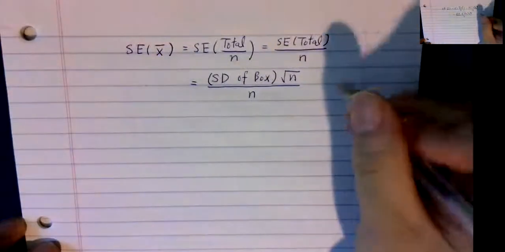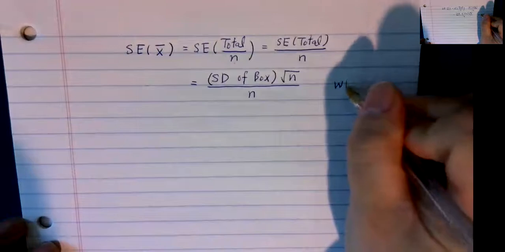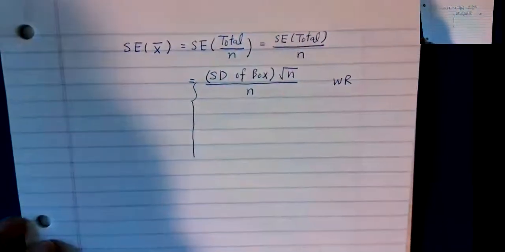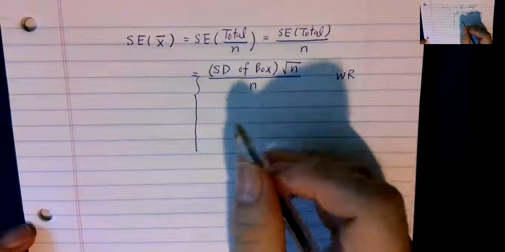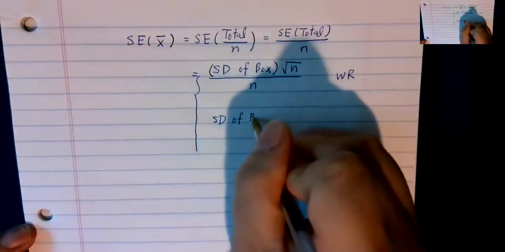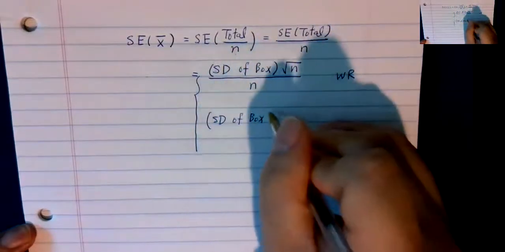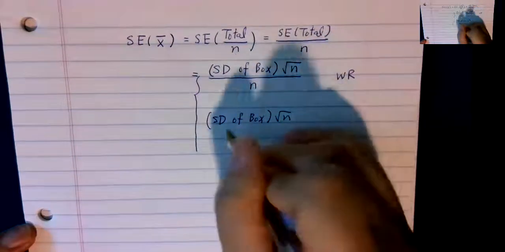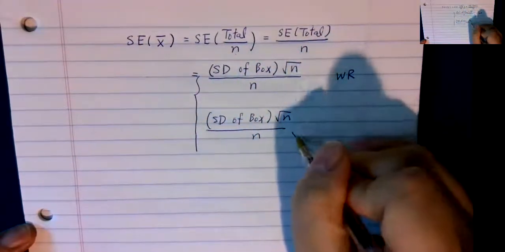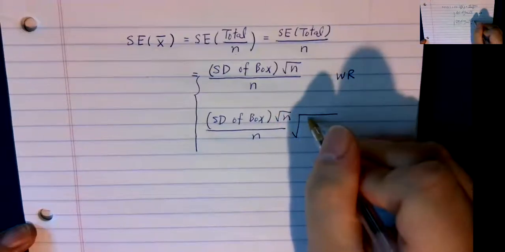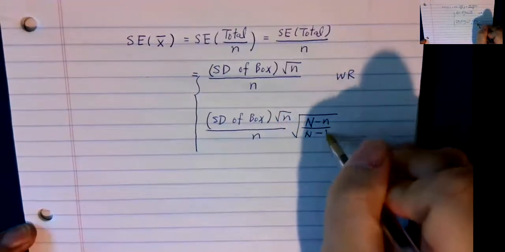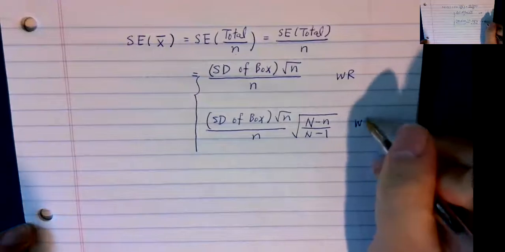Of course not. This is the formula for with replacement. But remember the draw in our example is without replacement. So this should be the standard deviation of the box times square root N over N, and there is a term we call the finite population correction factor: capital N minus little n over capital N minus 1.